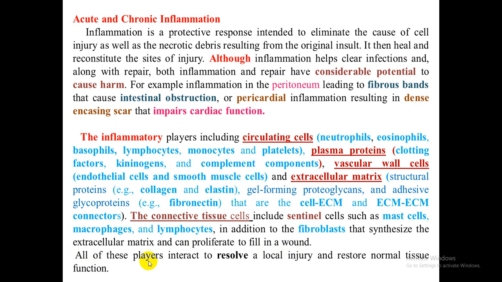All of these players mentioned above, including circulating cells, plasma proteins, vascular wall cells, extracellular matrix, and connective tissue cells, interact together to resolve a local injury and restore normal tissue structure and function, as much as necessary.